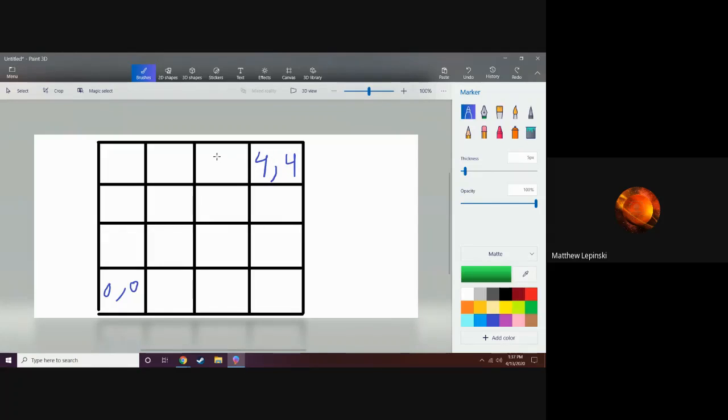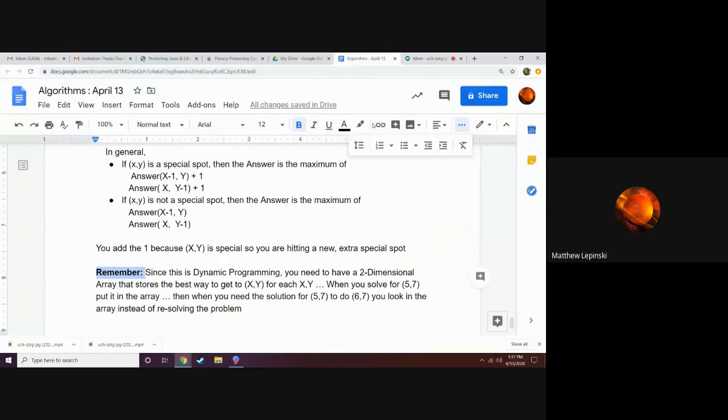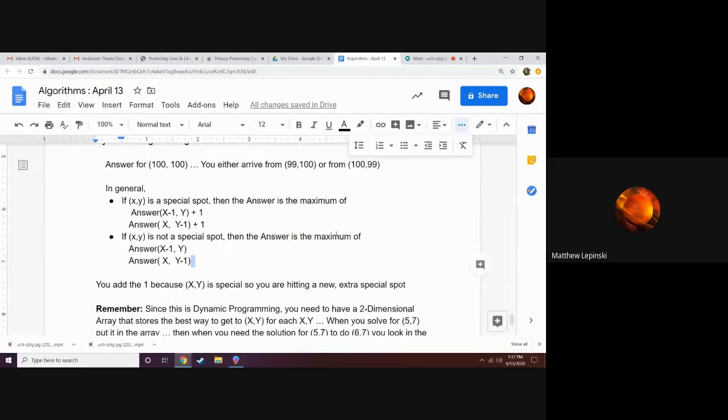If n is 4, we need to store an answer for every square in the array. What is the best way to get to here? What is the best way to get to here? What is the best way to get to here? So it's n squared because you have a two-dimensional array. And two choices for each. So this is just another dynamic programming example.